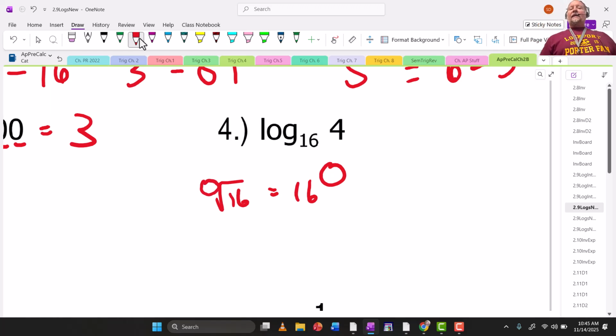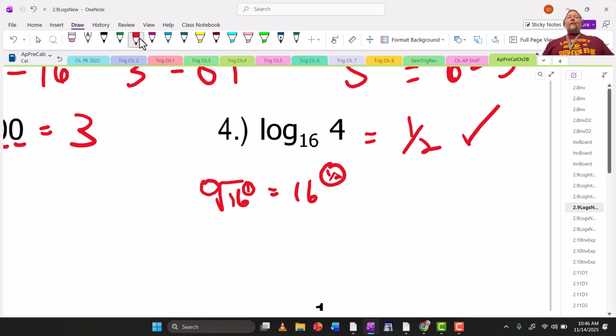What is that number that's invisible? 2. And then what's this number that's invisible? 1. So I need to raise this to the 1/2 power. So this is equal to a half. This is where the stuff's going to hit the fan. It's knowing your exponent rules and knowing how this comes about. All right?